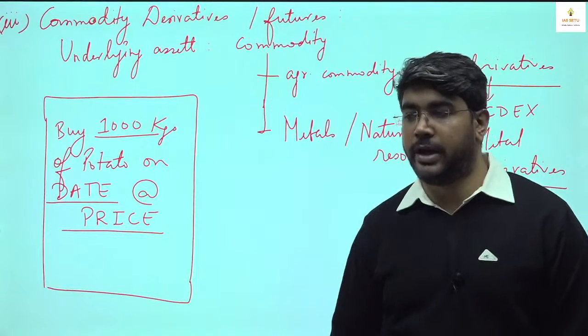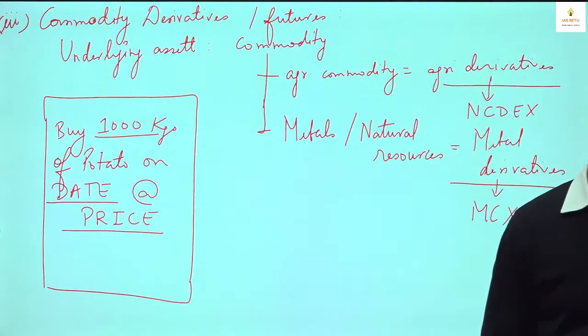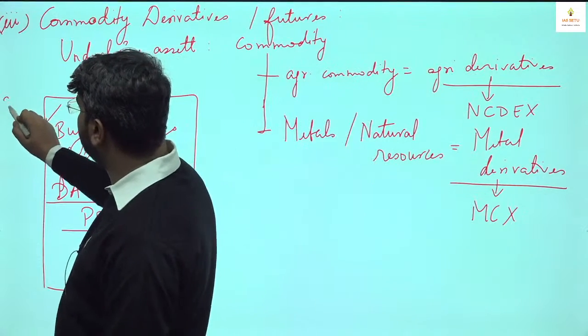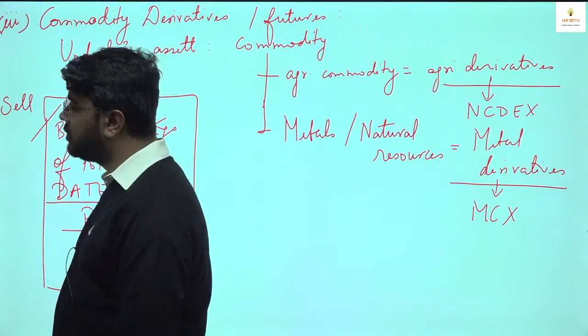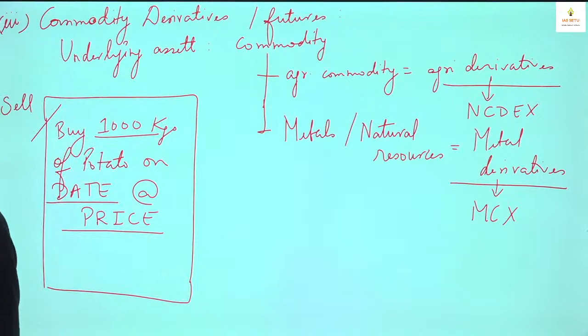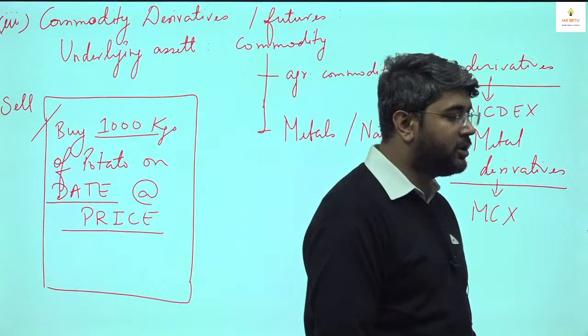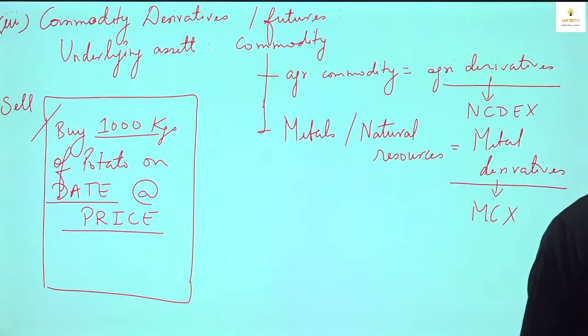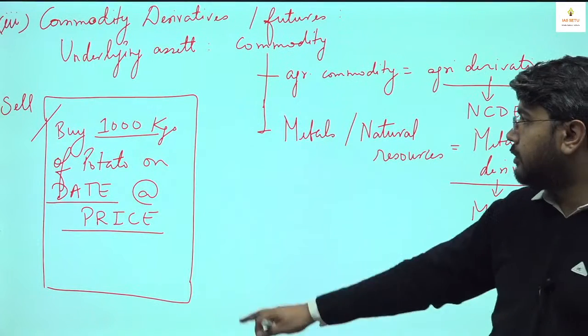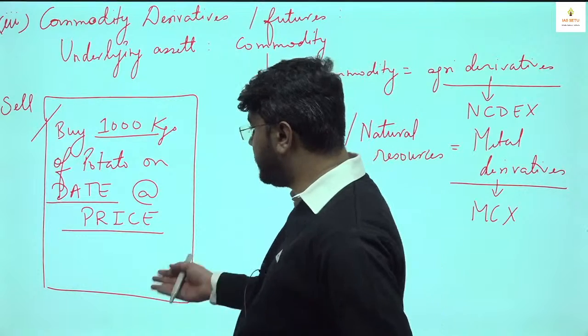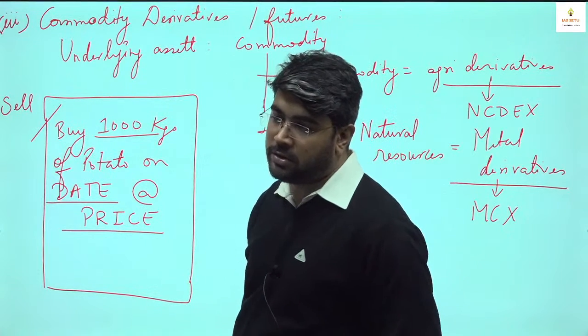Specifically saying this is my agri derivative, right? कुछ भी लिख सकते हो आप. You can even take sell here instead of buy. Sell this much kgs of potato at this price on this date. Now, which set of entities do you think are engaging into this? दो ends पर कौन है? Buyer and seller कौन है?